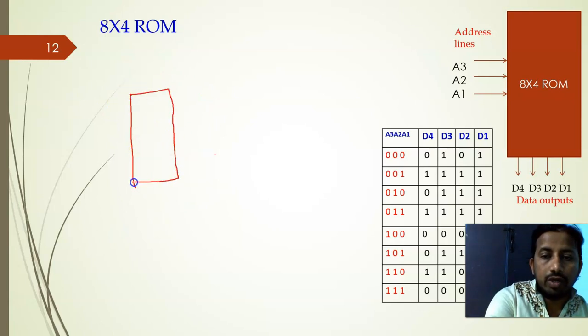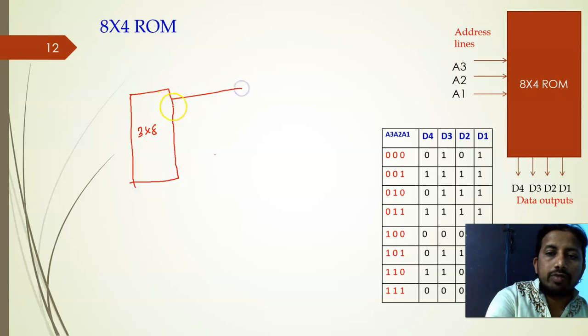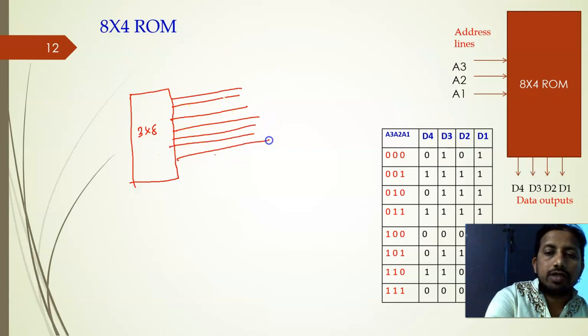First you take a decoder, 3 inputs are there. So take a 3 to 8 decoder, and you will have 8 outputs. I'm drawing very roughly.